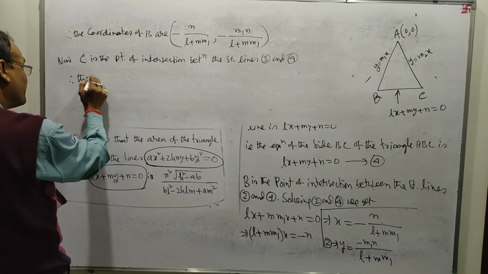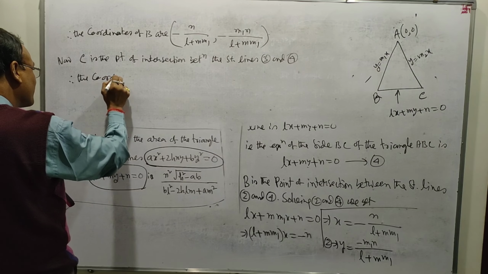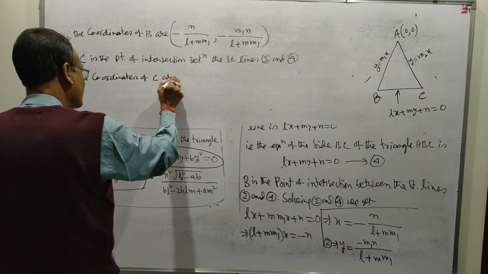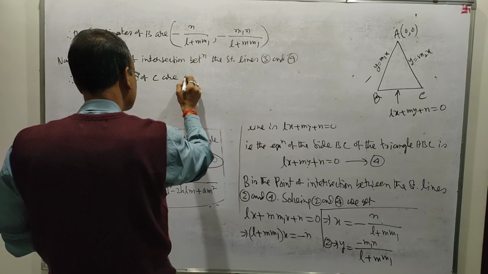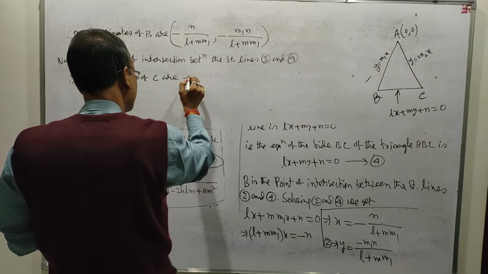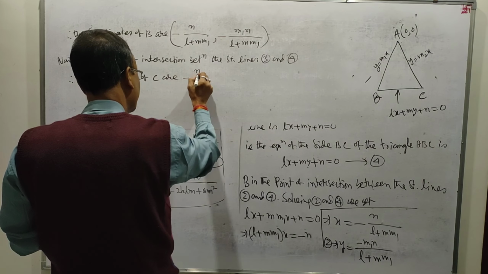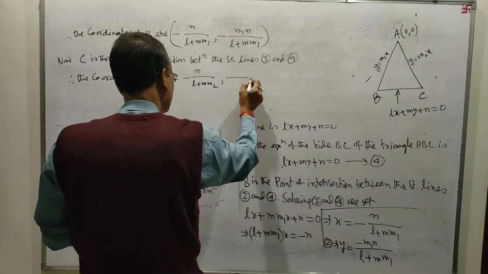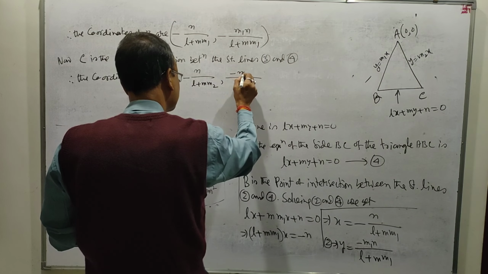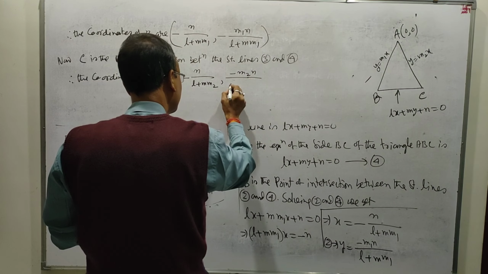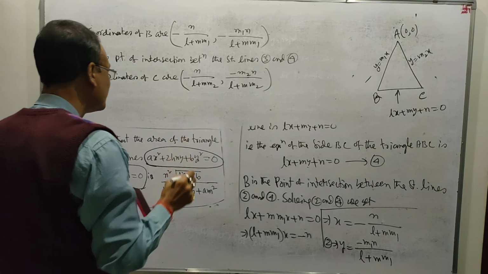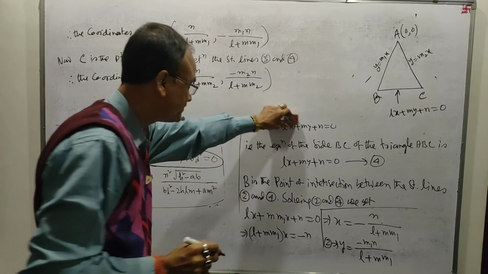Therefore, the coordinates of C are minus n divided by L plus m m2 and minus m2 n divided by L plus m m2.